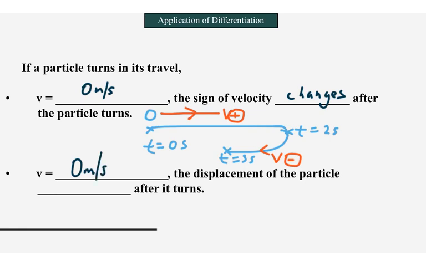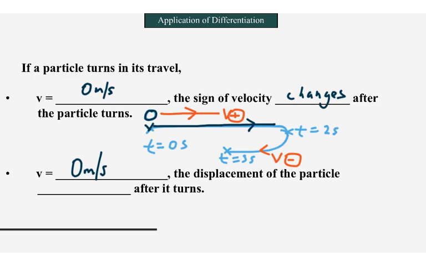So what will happen to the displacement of the particle? If we are looking at the same diagram, this is the origin. When it is moving towards the other side, the displacement of the particle is getting bigger and bigger.